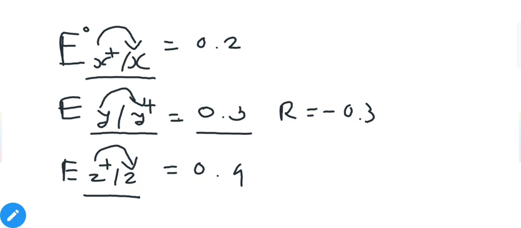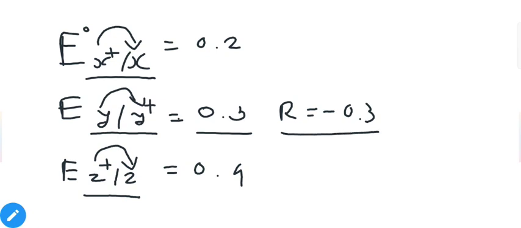If reduction potential is higher, that means our species will be reduced, and if our species is reduced, then it will behave as an oxidizing agent. So you have to arrange them in decreasing order of reduction potentials to find the increasing order of reducing agent. That means first of all, let us arrange these three species in increasing order of their reduction potentials.